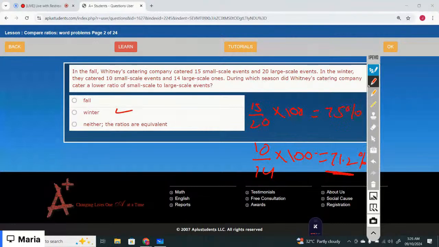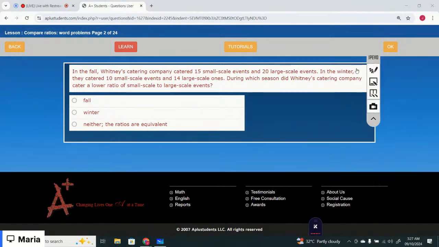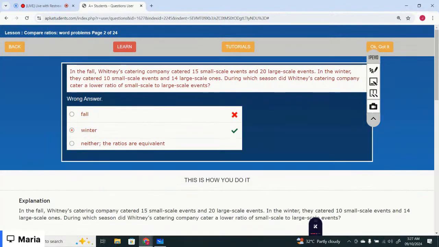The correct option is winter. Option number 1 is the correct option.